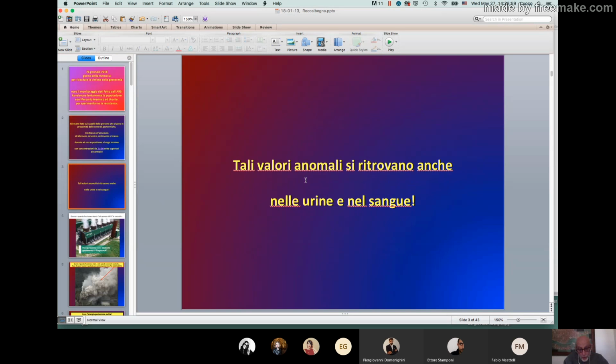These anomalous concentrations of heavy metals in the hairs are also found in the urines and in the blood. Actually, in the urines and blood, thallium becomes particularly relevant.